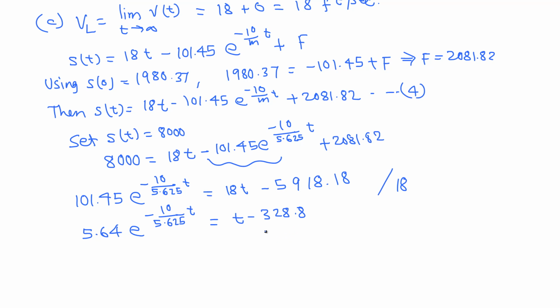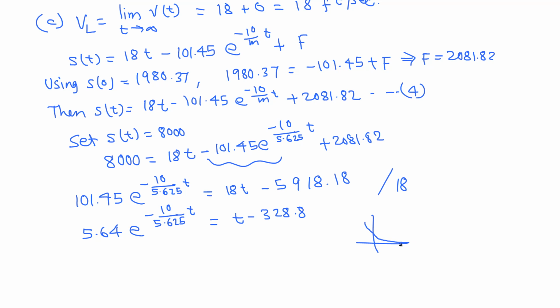Now graph this part in your calculator and graph this part and find the point of intersection, and that's the x value, which is the t value here. But when t is very, very big, e raised to a very big negative number means very small. After some time this part becomes very, very close to 0. If you graph it, it becomes very close to 0 quickly.